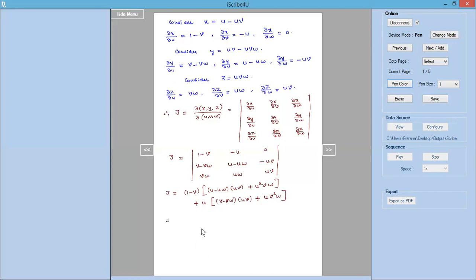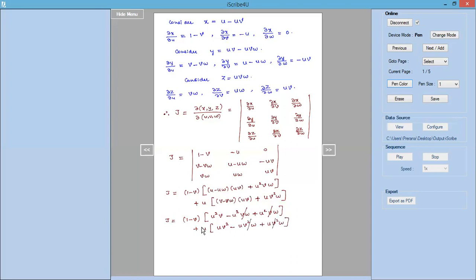So this gives us 1 minus v multiplied by, let us multiply the terms, u square v minus u square vw plus u square vw. These two get cancelled. Plus u into uv square minus uv square w plus uv square w.